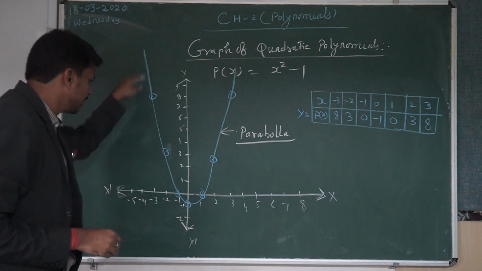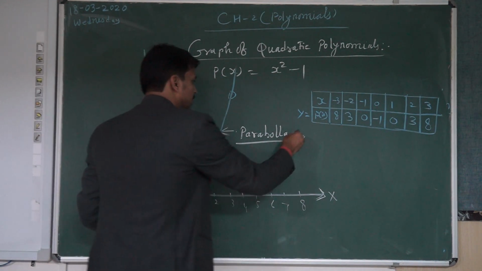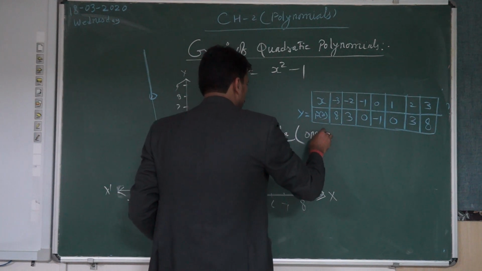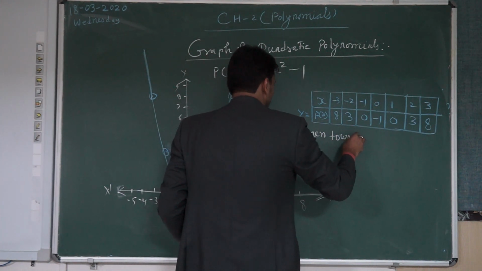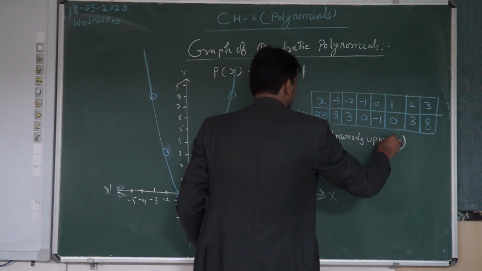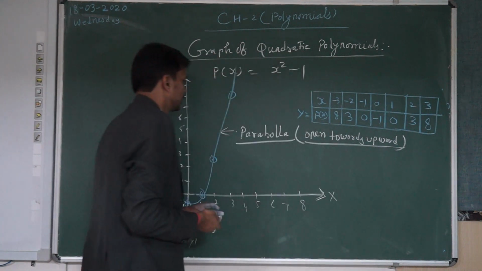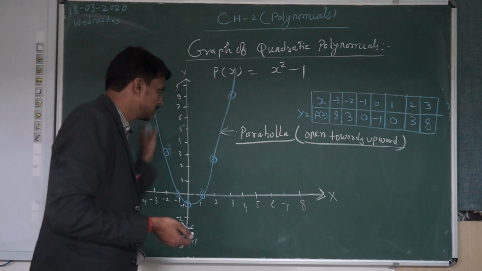And if you observe very carefully, it is open towards upward. So this shape is called a parabola, which for this example is open towards upwards.